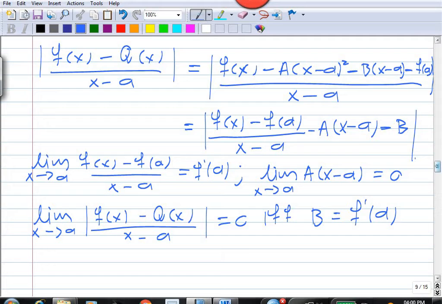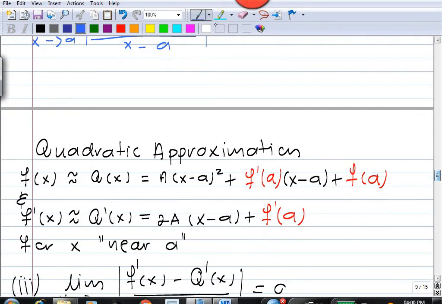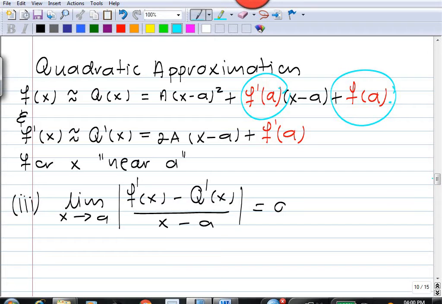So we've got a little bit more information about our quadratic q. We've got the coefficient for x minus a, and we've got the constant term there. Now we move on to the derivative.